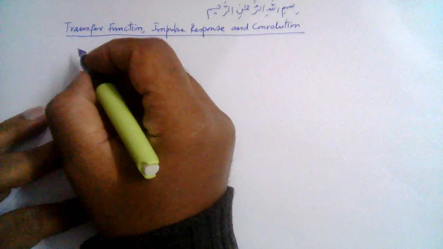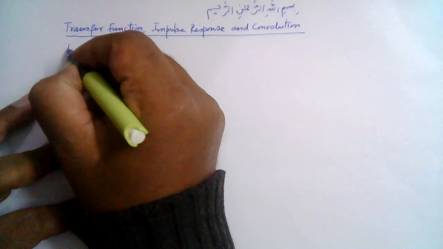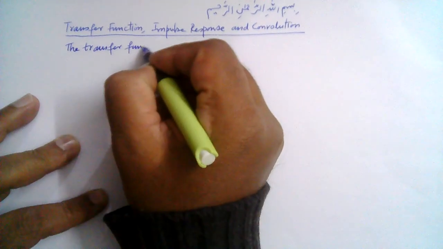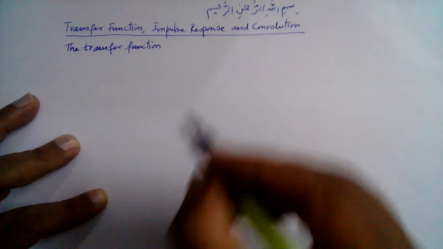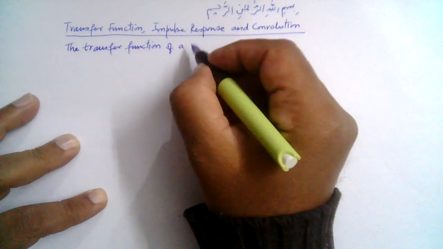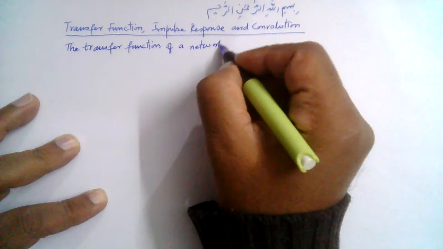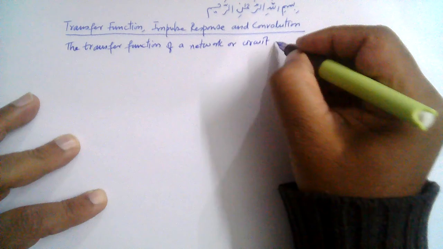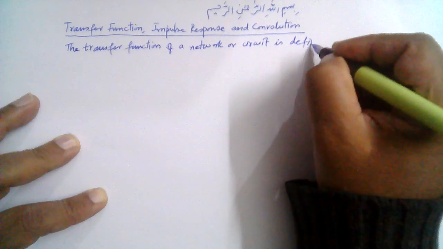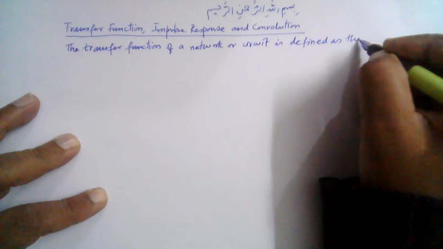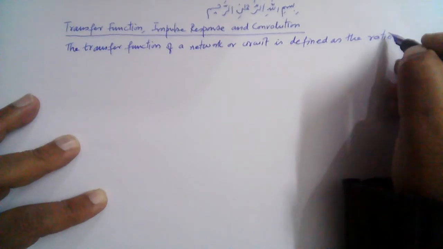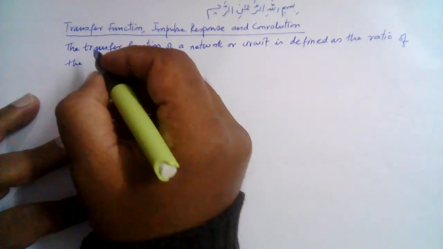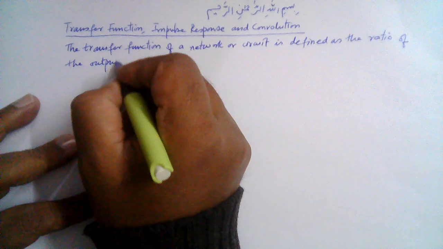So let me write it down. The transfer function of a network or circuit is defined as the ratio of the output. So output is a response.